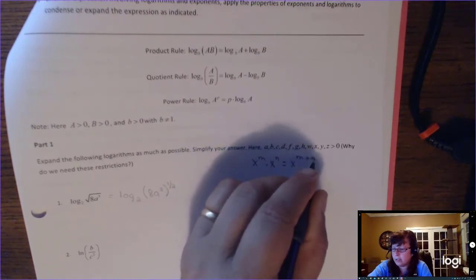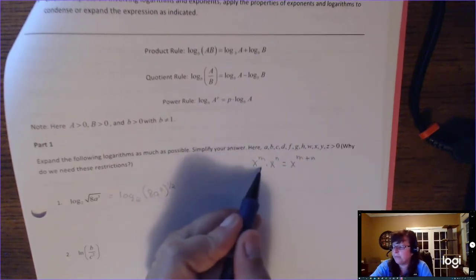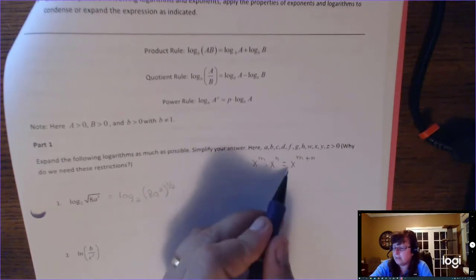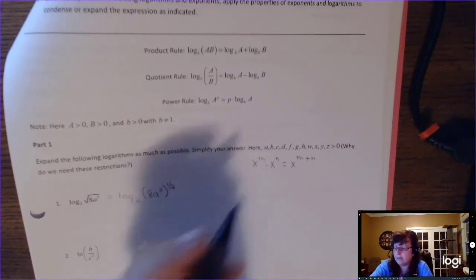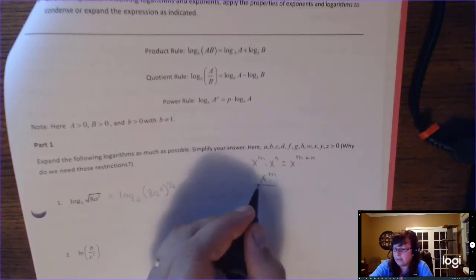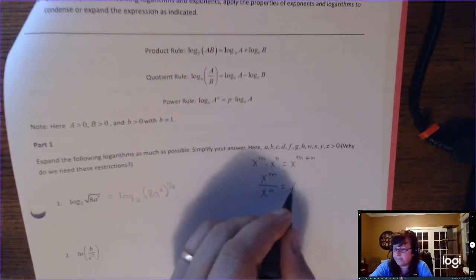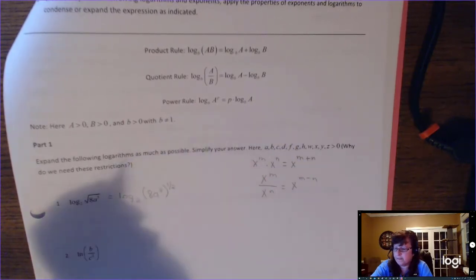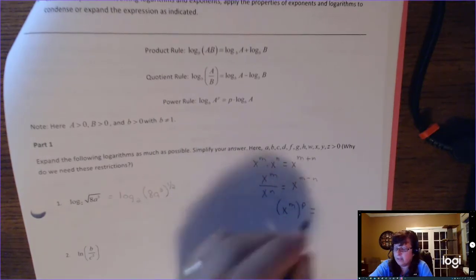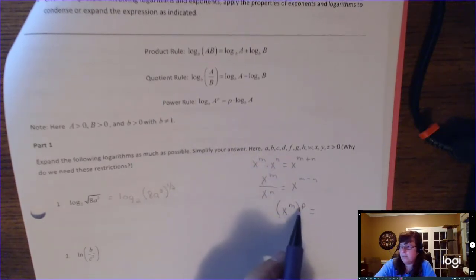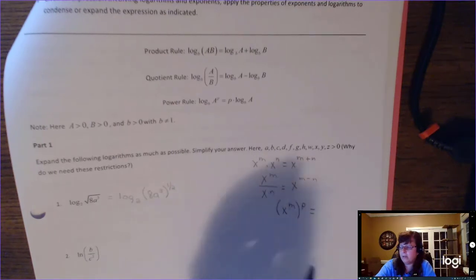When you want to multiply 2 powers together with the same base, you take the x and then you add the exponents, right? And when you want to divide, you subtract. All right, well, when you have x to the m to the p, you multiply those.